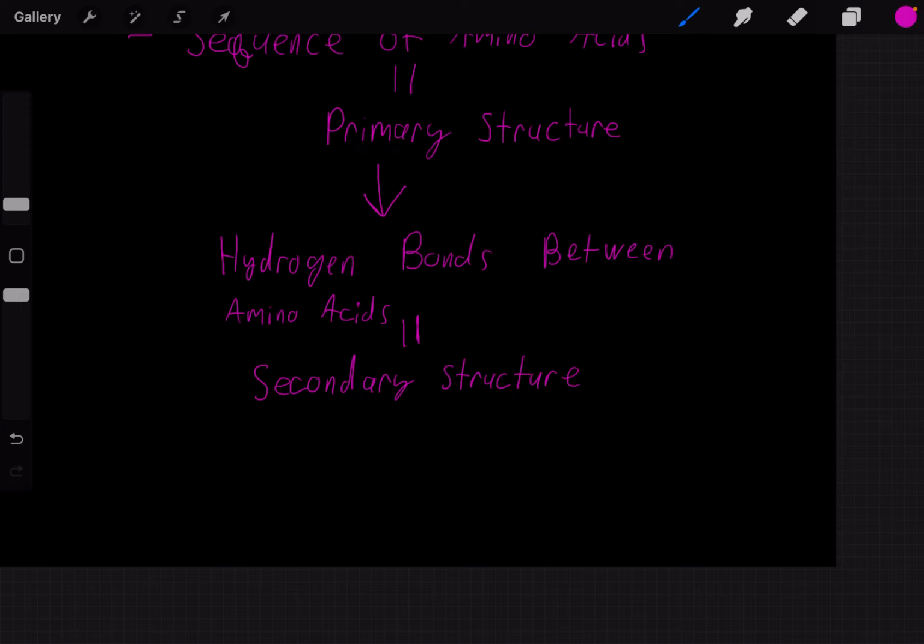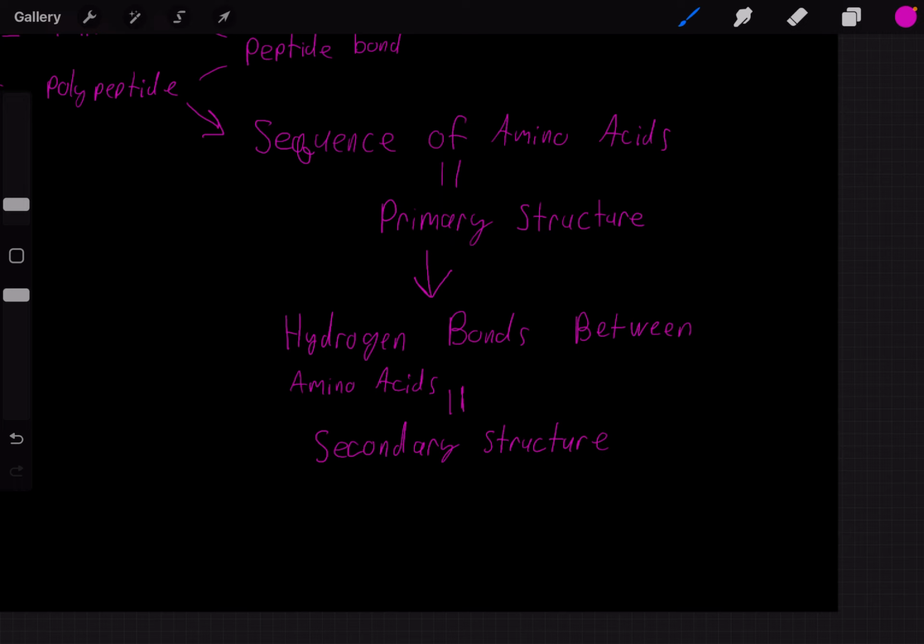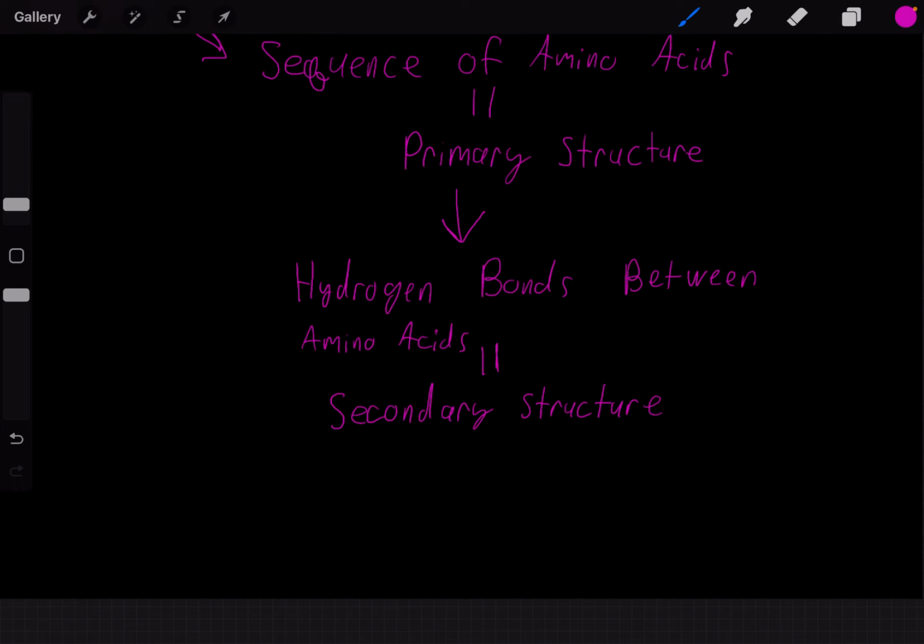So the hydrogen bonds between amino acids equal the secondary structure. This would be considered folding the neighborhood, according to the professor. Folding the neighborhood just means that at different sections it creates a secondary structure.